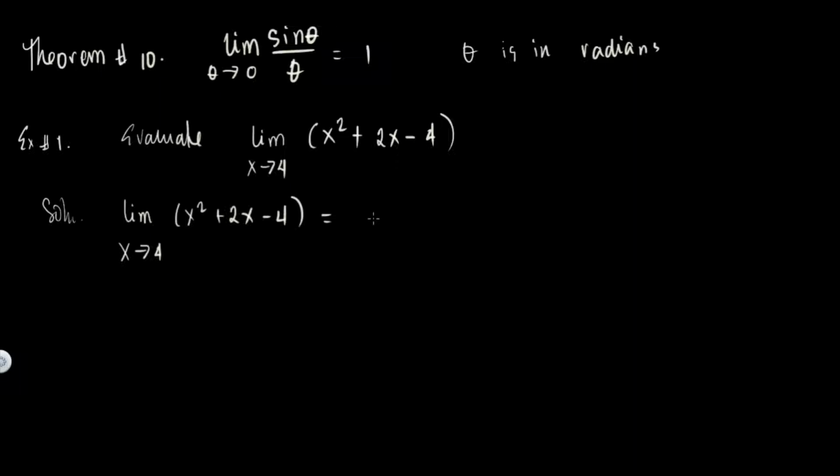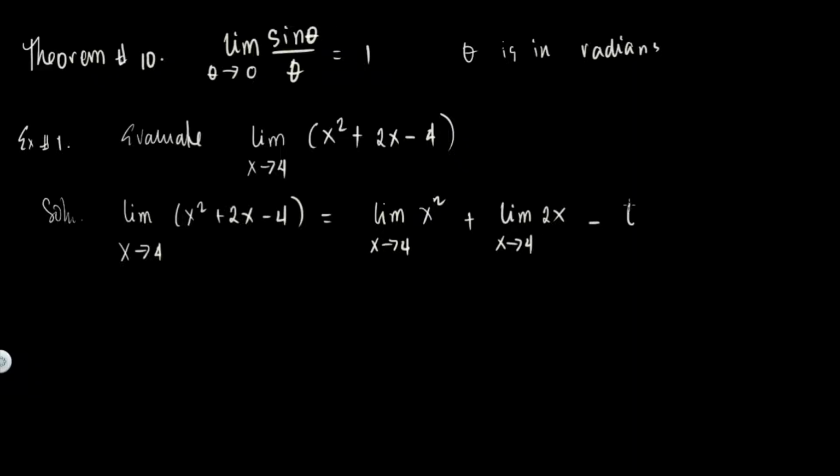So, that is the limit of x squared as x approaches 4. Okay? Sum of their limits, yun sabi sa theorem number 4. So, plus the limit of 2x as x approaches 4.